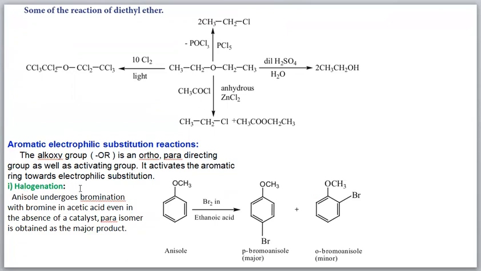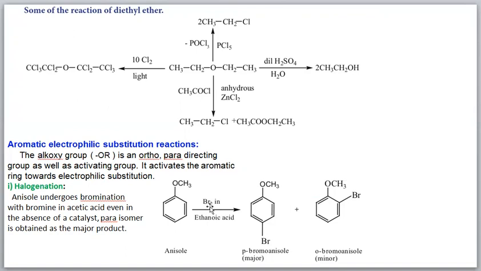First, halogenation. Anisole undergoes bromination with bromine in acetic acid, even in the absence of a catalyst. The para isomer is obtained as the major product. Anisole is ortho-para directing, and bromination is done in ethanoic acid medium. Bromine goes to the para position or the ortho position.